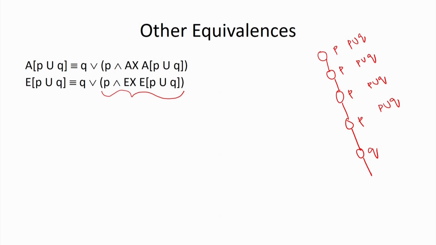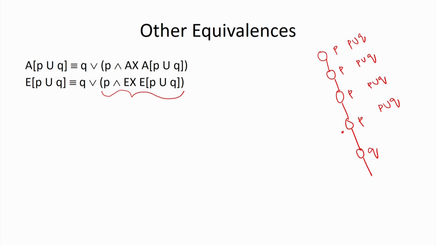Now, what does it say? If P is true, and there exists a path in the next state E P until Q is true, then we are going to consider E P until Q to be true at that particular point. Similarly, if P is true and there exists a path in the next state where P until Q is true, then P until Q is true at that particular point.